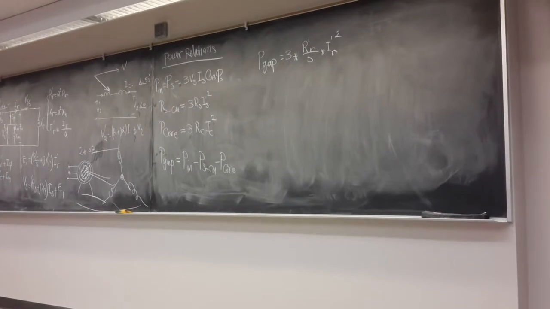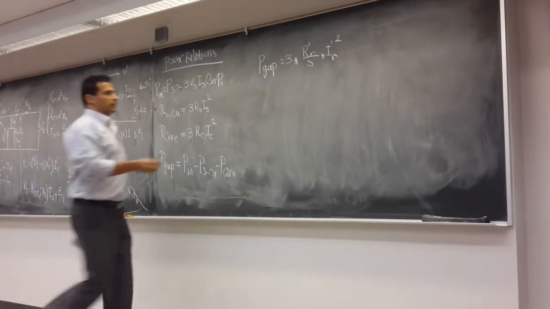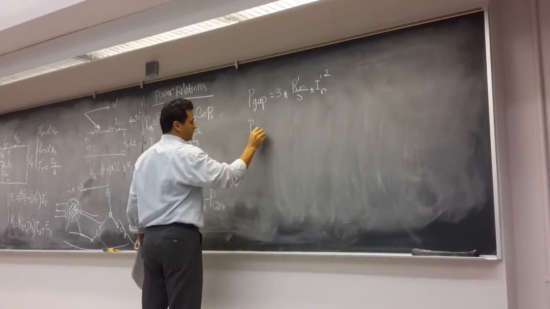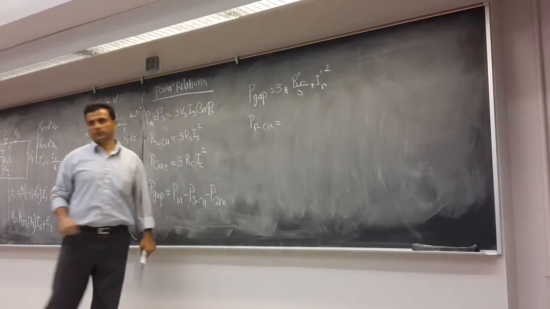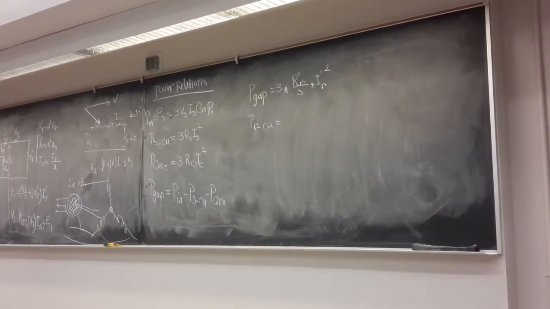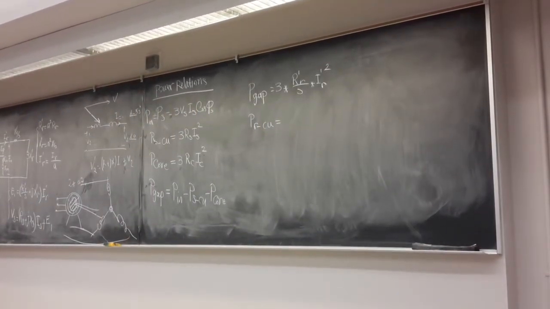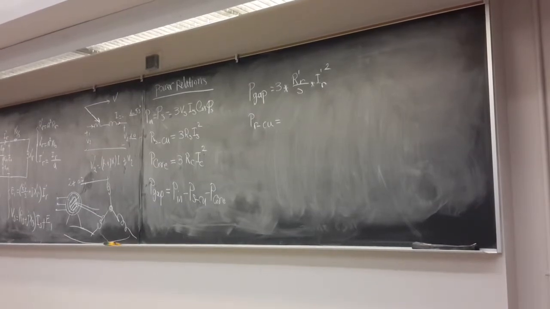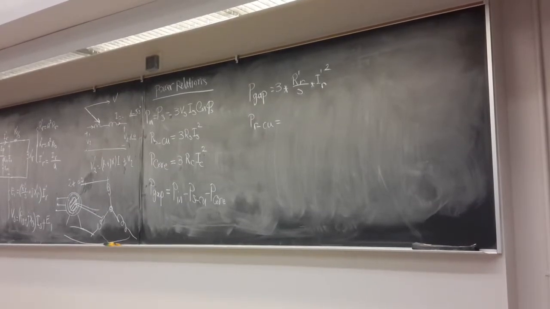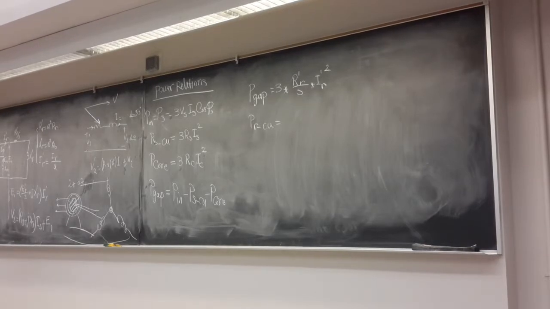How much is the rotor power loss? P rotor C. Somebody tell me. How much is it? Forget P gap. The rotor has a resistance of RR, right? Or R prime R in this case.